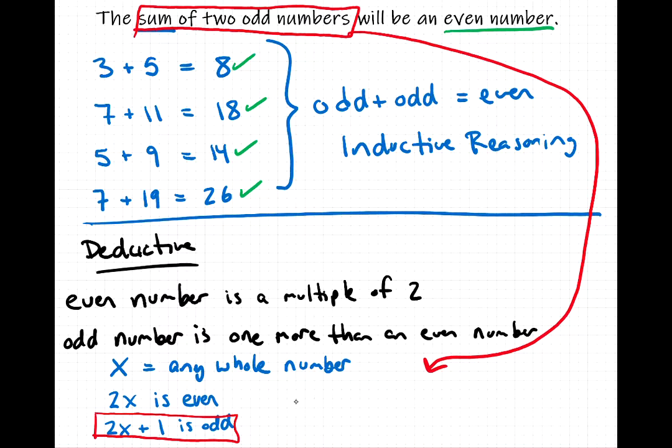The first odd number is 2x plus 1, and we'll add another odd number to that, 2y plus 1. So 2x is even, 2x plus 1 is odd, and 2y plus 1 is another odd number. We have two odd numbers here.